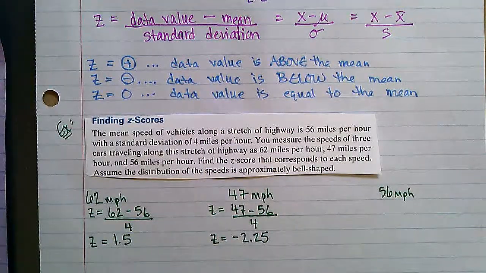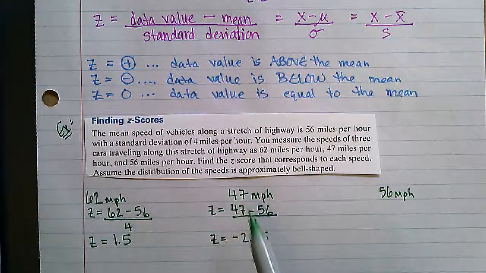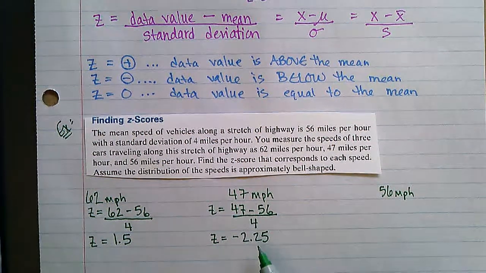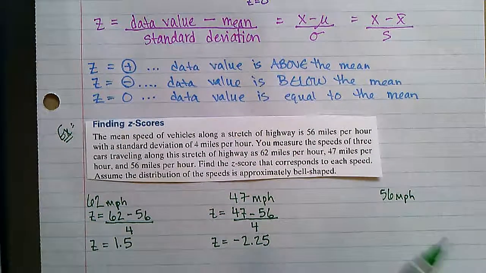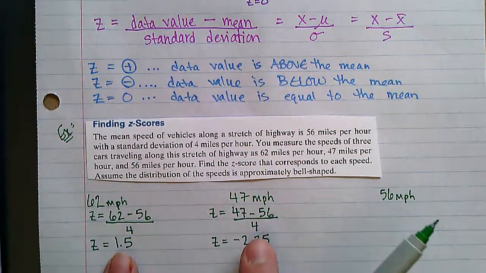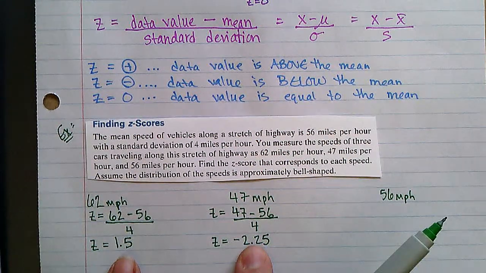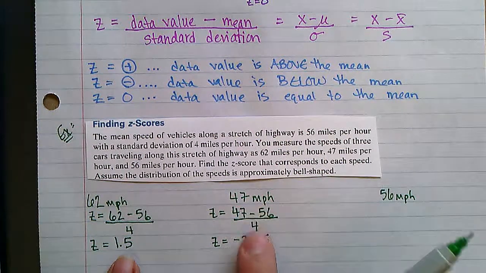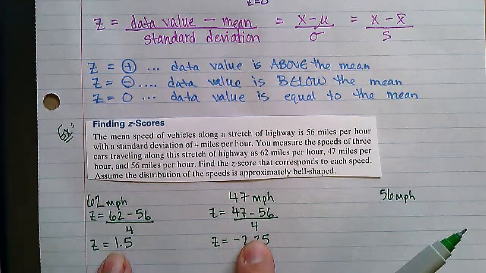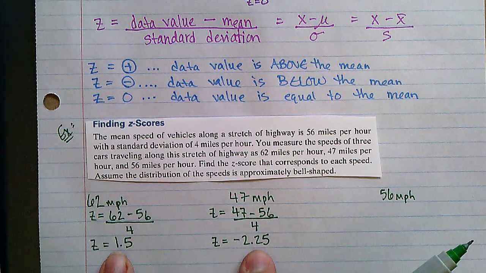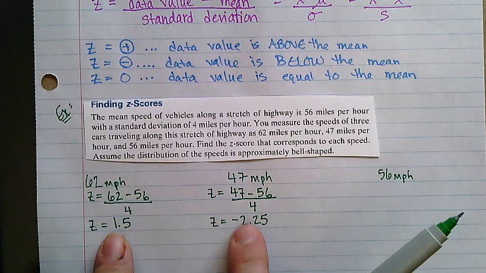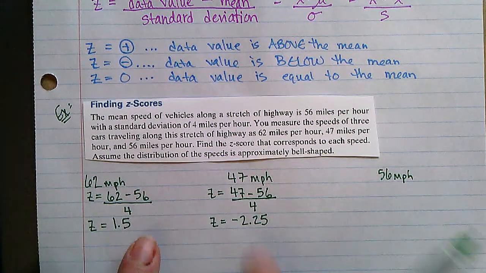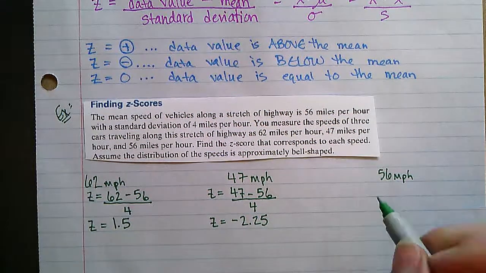So that tells me that 47 miles per hour is 2.25 standard deviations below the mean. So if I compared these two, the value of 2.25 tells me that this data value is further away than this data value because its z-score has a higher magnitude. The sign of the z-score tells me that it's below the mean versus this one being above the mean.